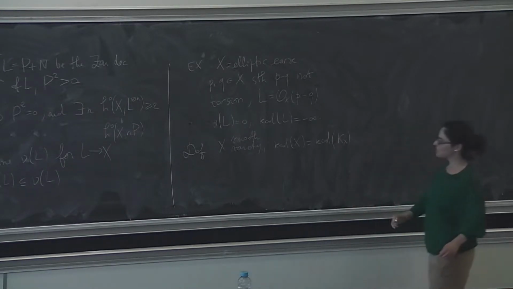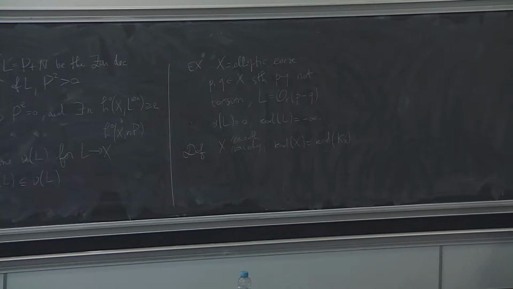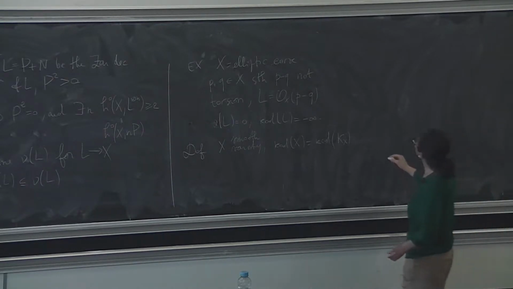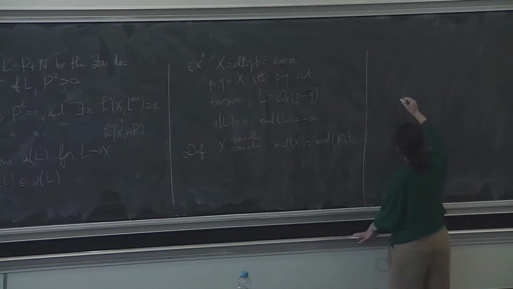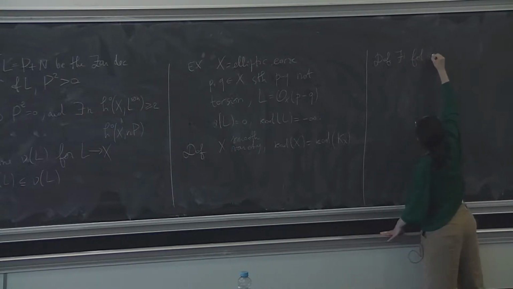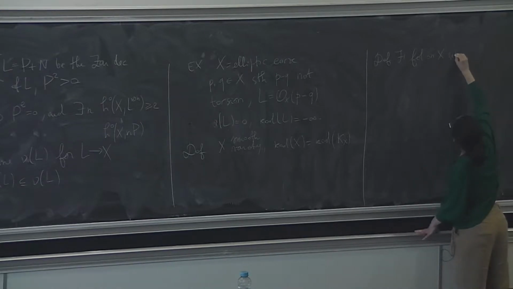The Kodaira dimension of X is defined as the Kodaira dimension of its canonical bundle. And now for foliations, X a surface.